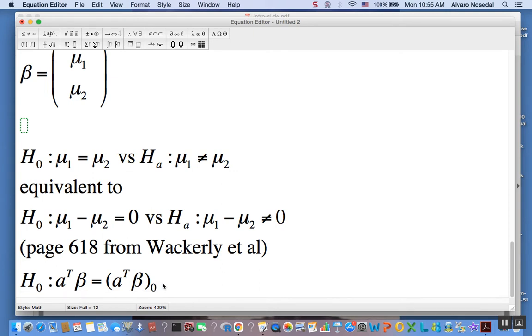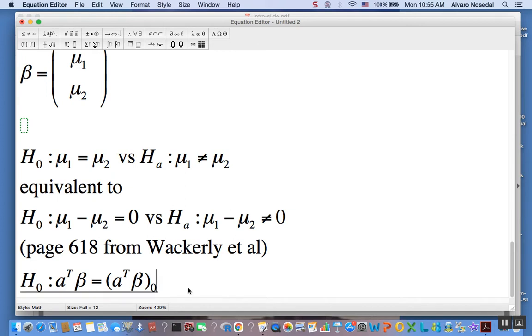For instance, in this case, that value is just 0. It could be a number different from 0, but in this case it's 0, and that's what they mean by this.